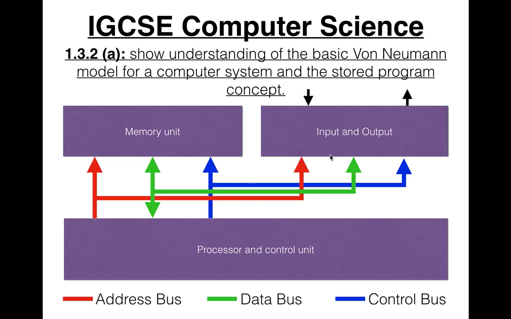Actually, I might as well explain this now. There's an entire topic on input and output, so that's where we're going to learn most of it. After that, we're going to learn about storage. Once storage is done, we're pretty much finished with hardware for this topic, and we can move on to software.